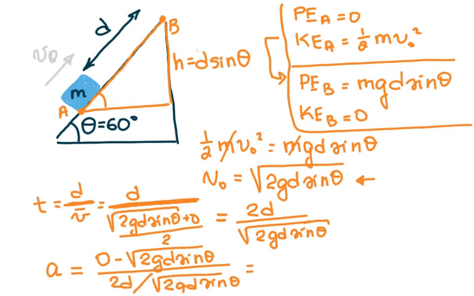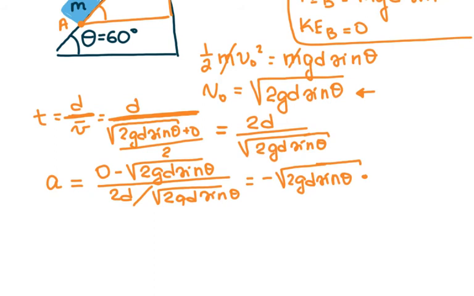So again, dividing by a fraction is the same as multiplying by a fraction. So I'm going to have minus the square root of 2gd sine theta times, flipping the fraction in the denominator, the square root of 2gd sine theta over 2d.